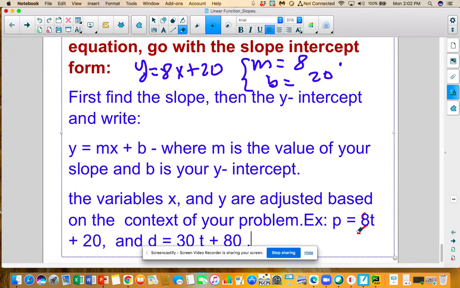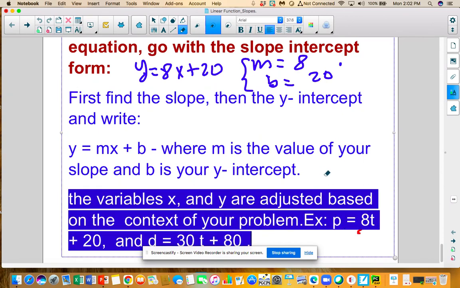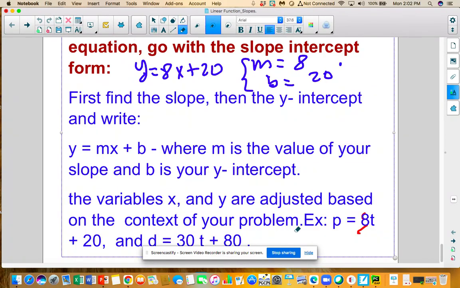If they are paying you $8 an hour, and let's say they are giving you $20 as a starting base salary, and every hour that you work, remember I used the words every hour, they are paying you $8.